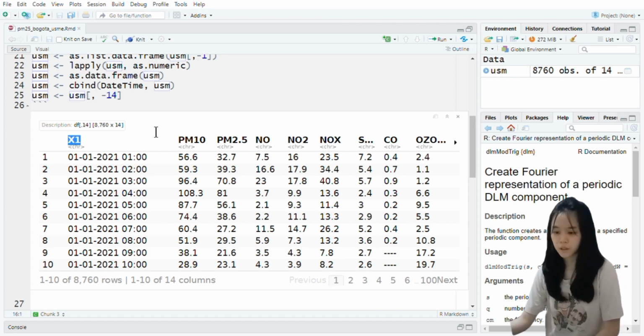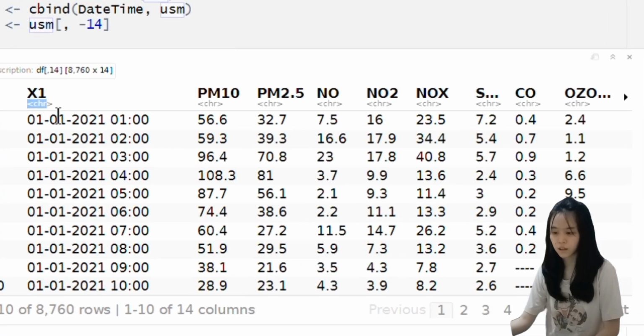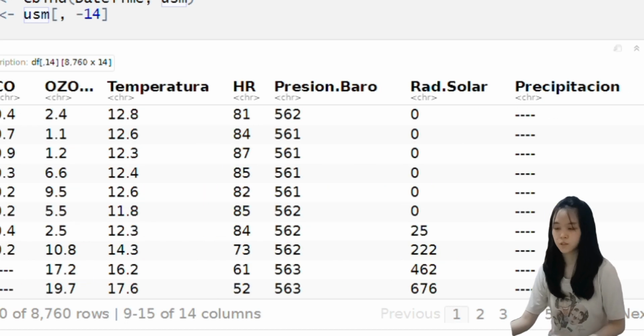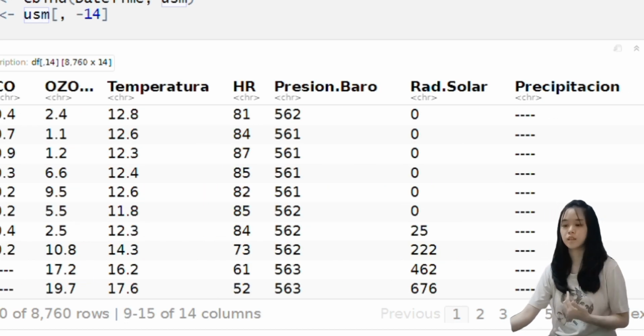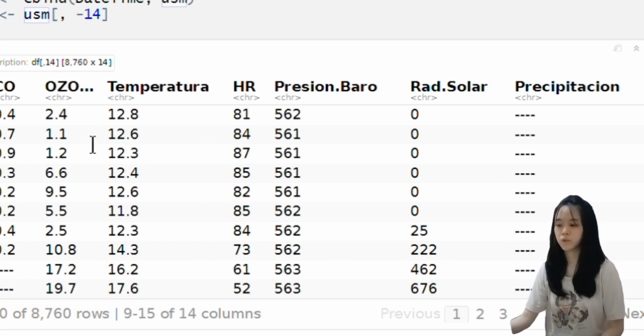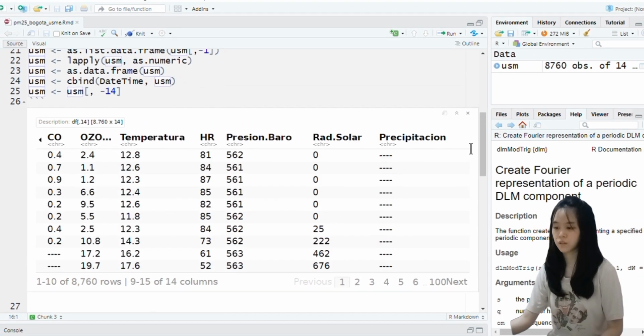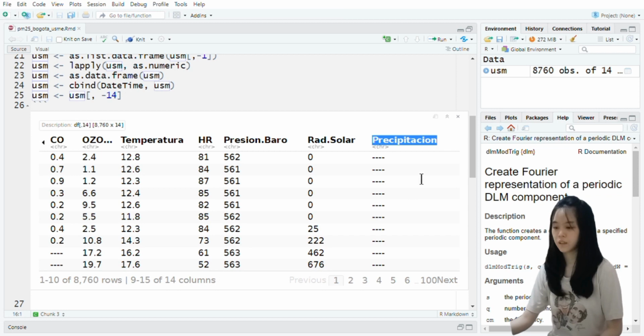One thing to notice is that all columns are parsed as character instead of POSIX or datetime class and numeric. So we need to change that. Oh, and by the way, the precipitation column here is all missing values, so we're going to remove this column as well.